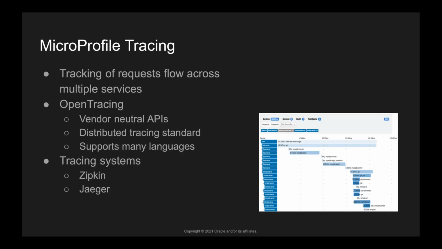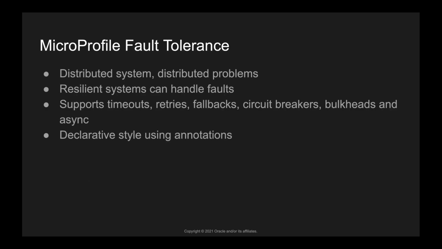Of course, tracing, because many microservices are traced. You have many services, and to see how microservices implement a method call or several method calls, you can trace them, and that's why you have tracing systems like Zipkin and Jaeger, which are de facto standards, supported out of the box for you.